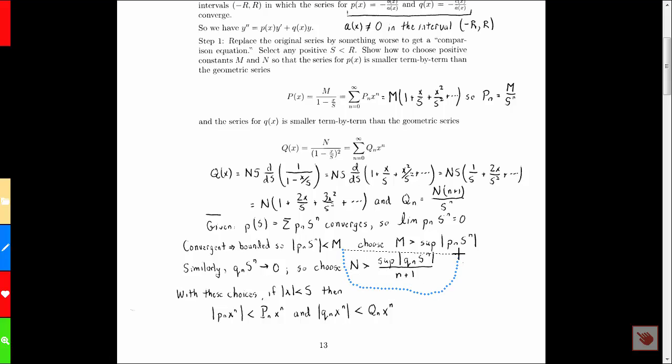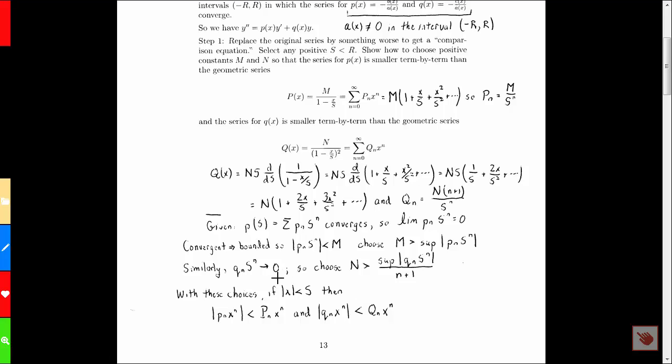We choose our capital N to be the supremum of the absolute value of little q_n times capital S^n, but because we had this n plus 1 up here, we have to divide by that.